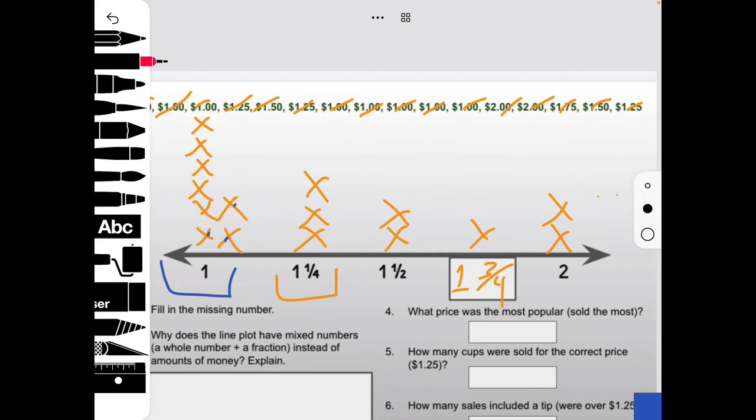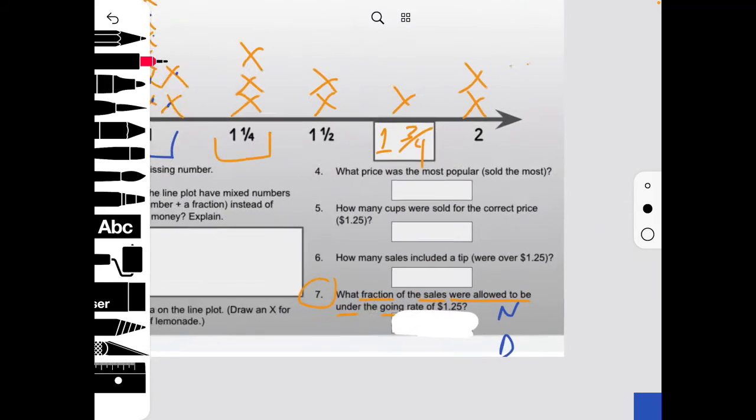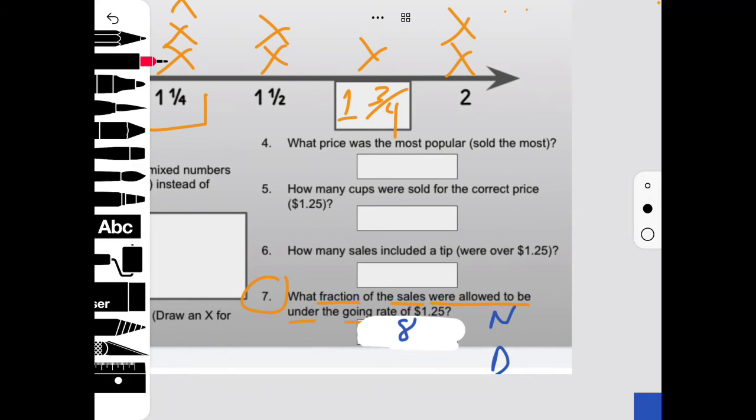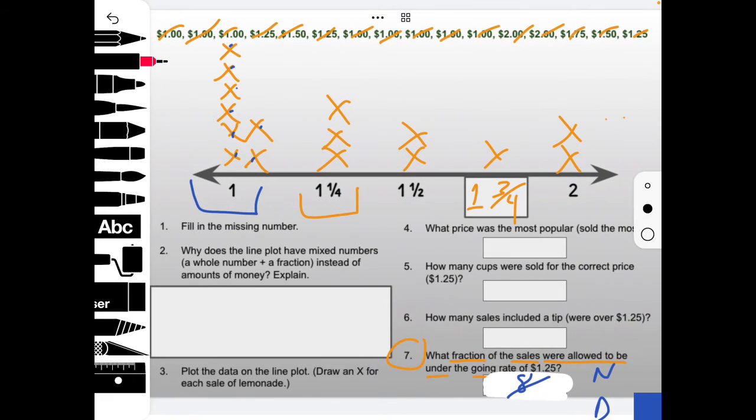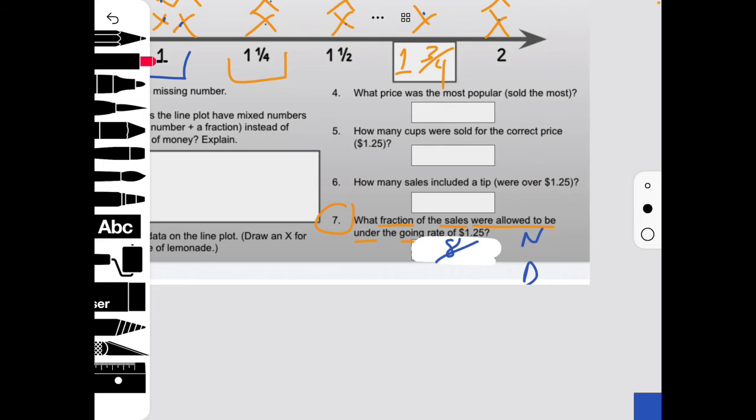There's 1, 2, 3, 4, 5, 6, 7, 8. That's going to be the numerator. So 8. And then how many sales were there in all? So there's 8 $1, 9, 10, 11, 12, 13, 14, 15, 16. There's 16 sales in all. And that's your fraction, 8 over 16.